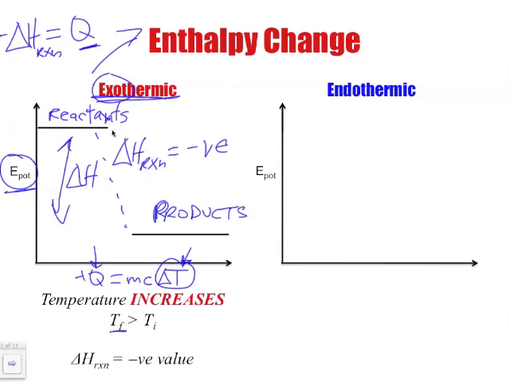If it's exothermic, we are going to have heat that is actually being released. Now let's look at this endothermic reaction. In this endothermic reaction, our reactants will have a low potential energy, and our products, on the other hand, are going to have a high potential energy.